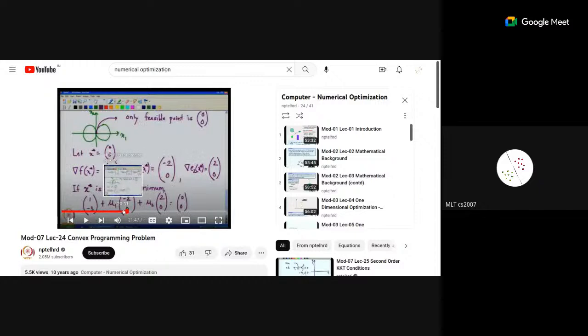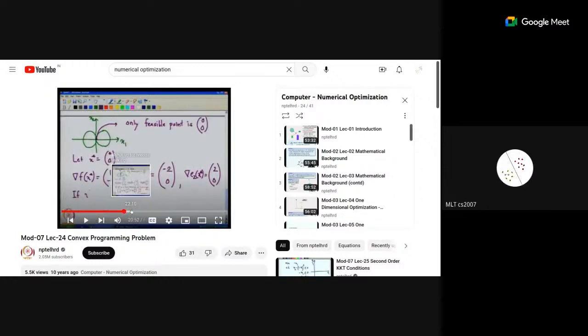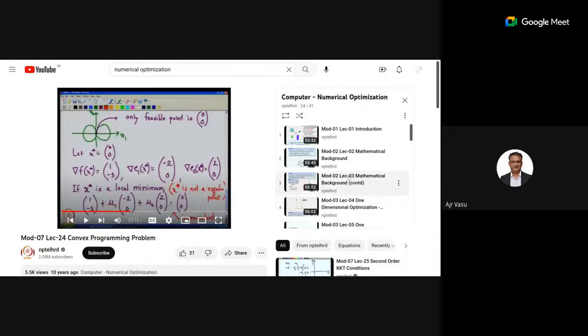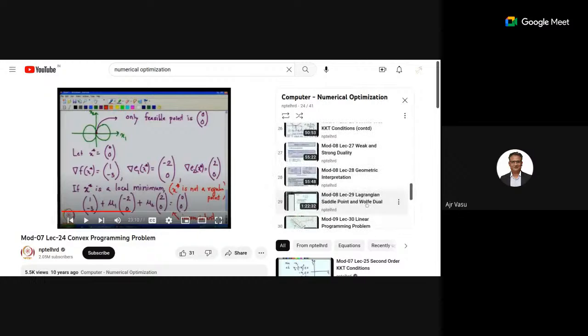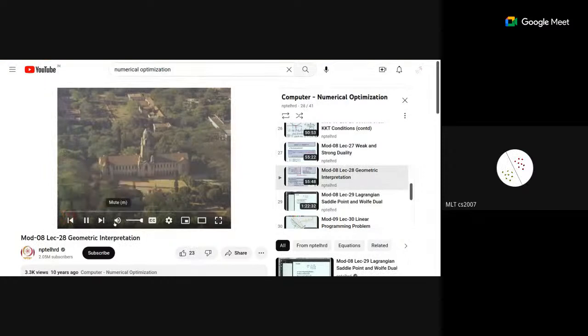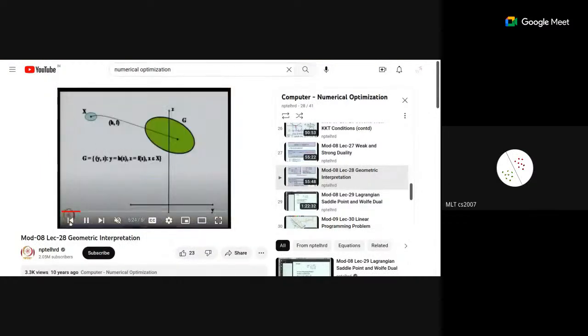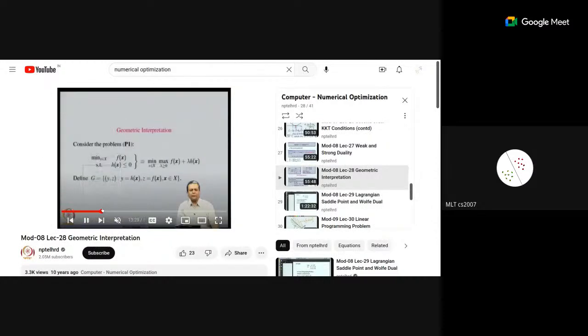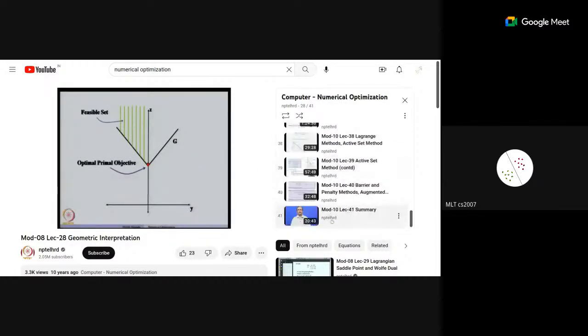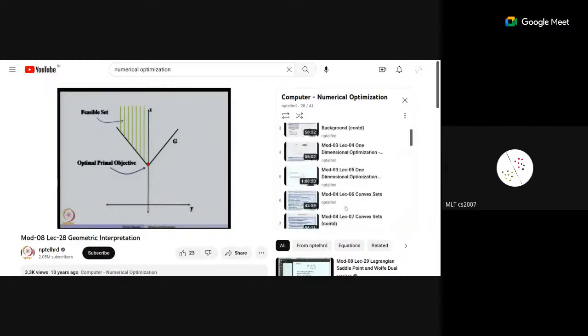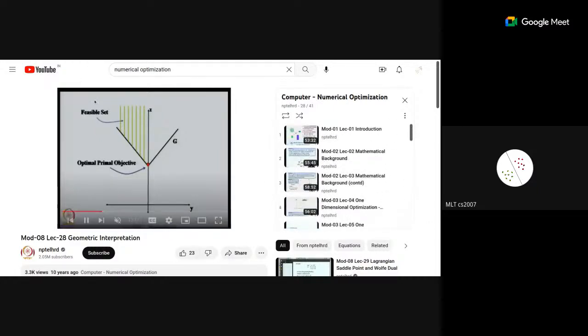I went through some of the material by Stephen Boyd, and even the rundown version of the main thing was difficult to comprehend. He has a specific lecture called geometric interpretation, where he says which is primal, which is dual, and this is what happens. I would suggest these 41 lectures are one of the best I've seen.